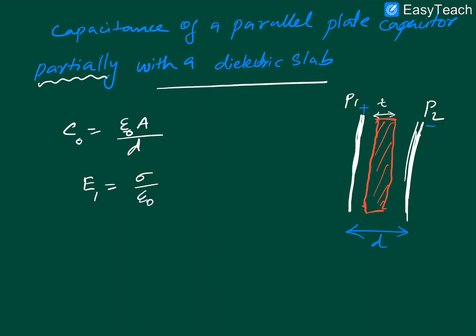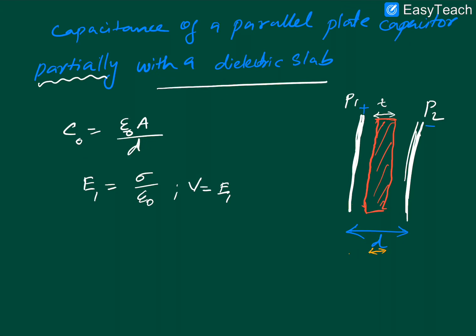And due to this electric field, the potential in that region V is nothing but electric field into distance. The electric field here is E1, and the distance you consider is the distance which consists of air. Here you can see the total distance is D, out of which t distance is occupied by your slab.